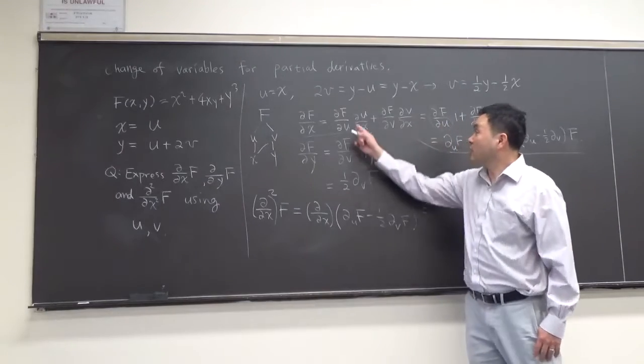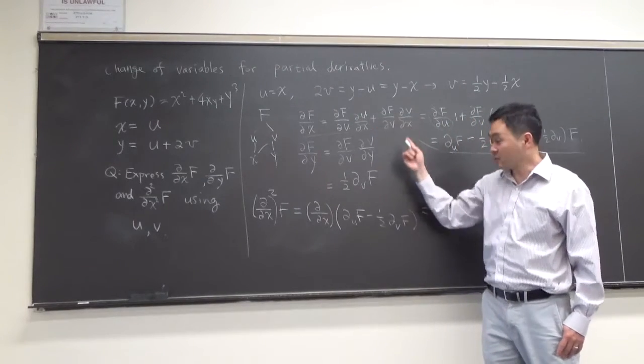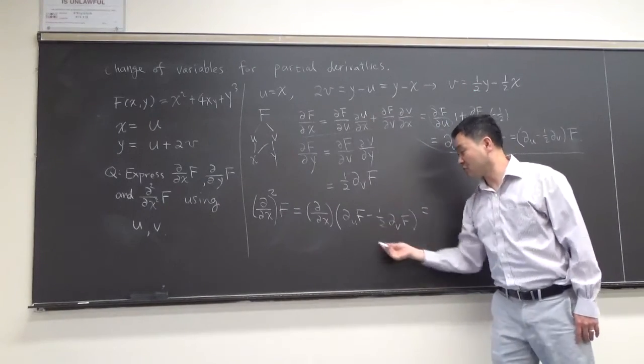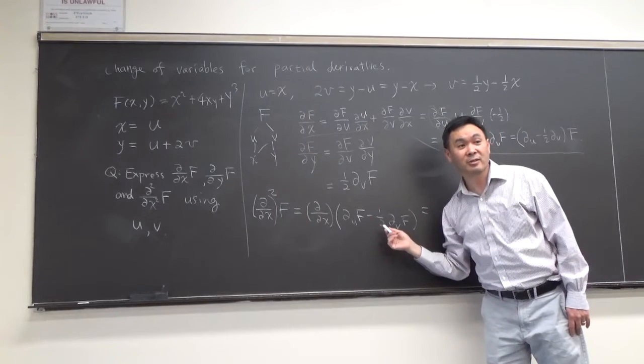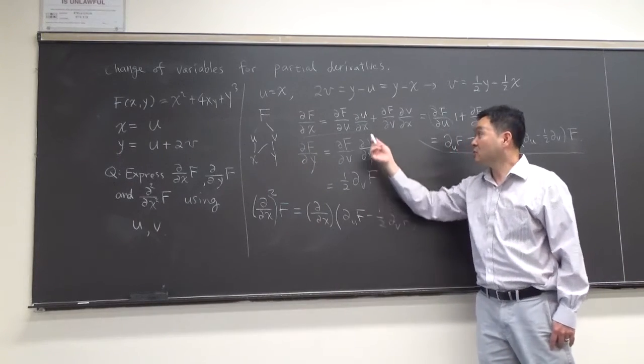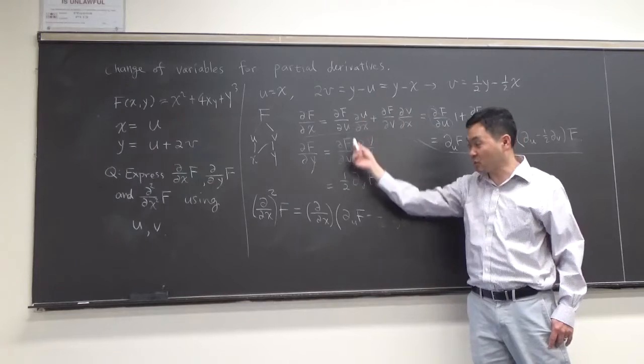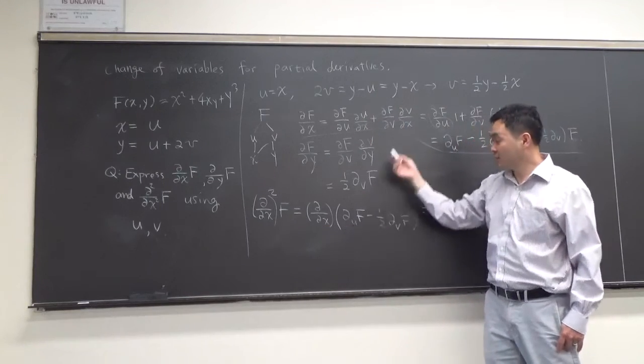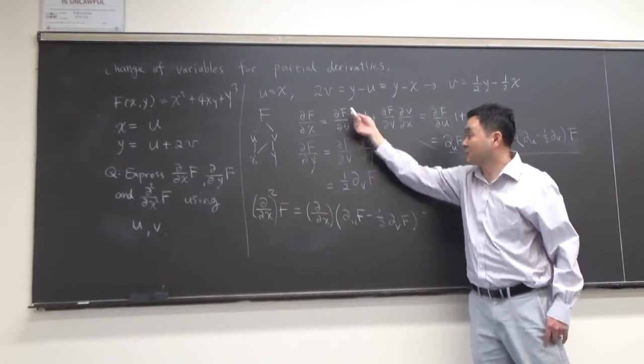And then we can apply this rule again, except that instead of f, we have this complicated thing. Right? I'm applying this chain rule again because we're differentiating by x. It's exactly the same except that instead of f, we have this.